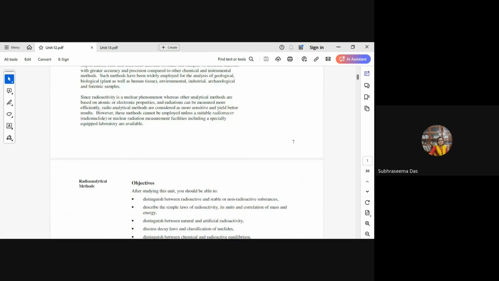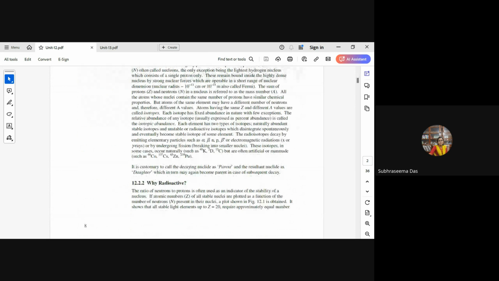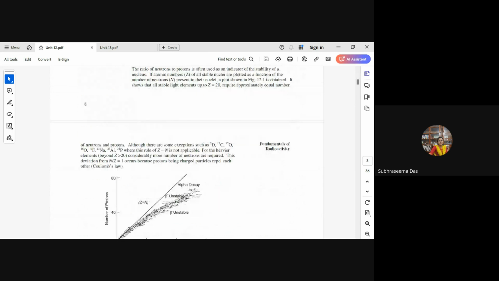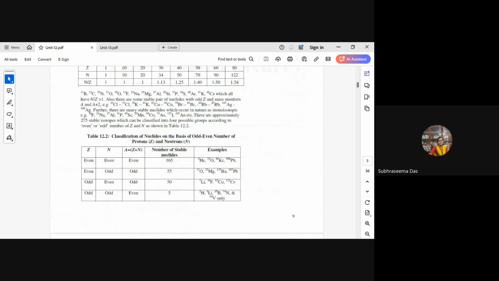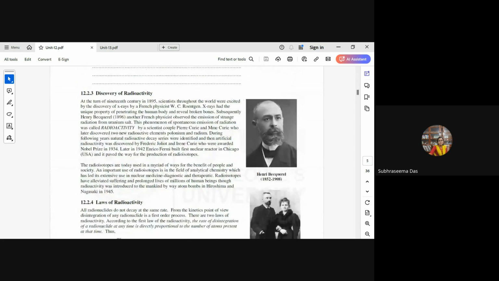Now we have the radioactive decay law. The radioactive decay law follows first order kinetics, and the discovery of radioactivity was by Henry Becquerel.